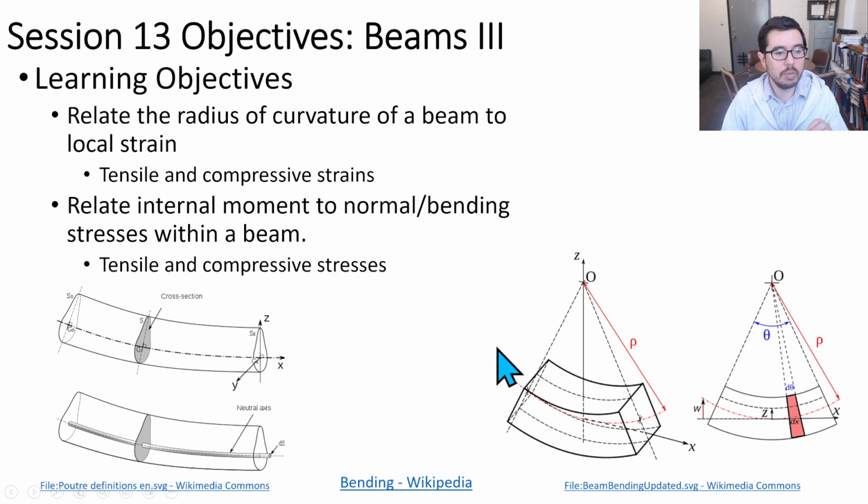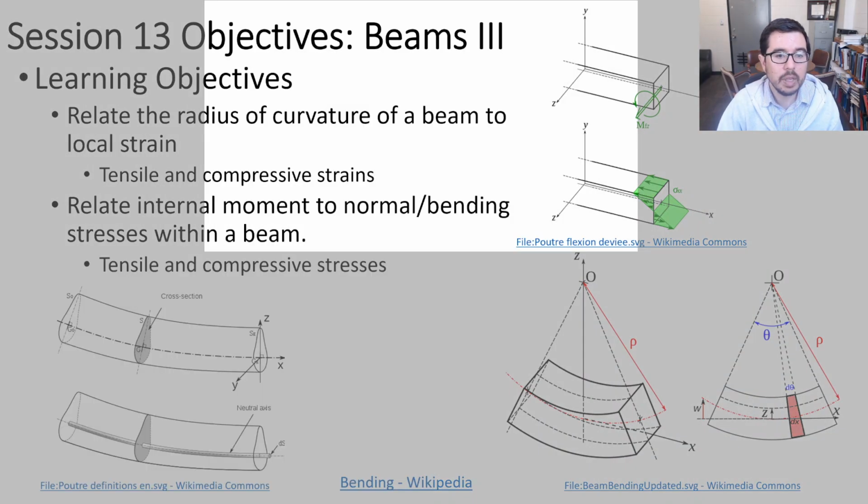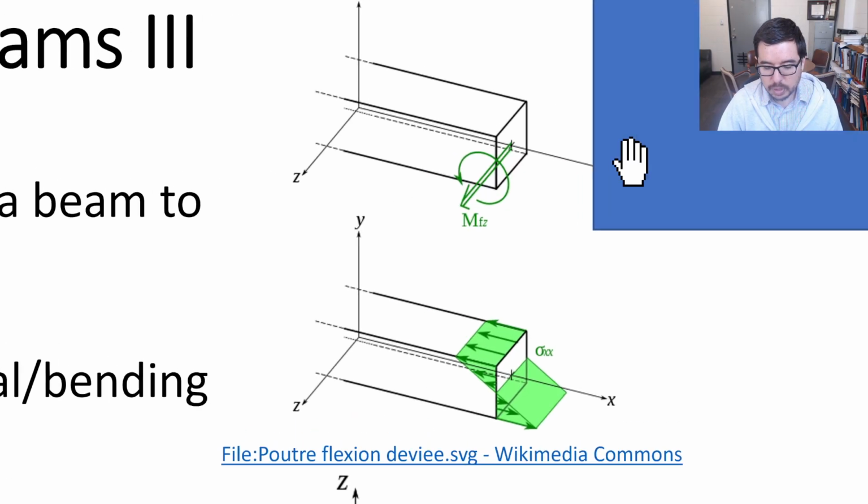And when we look a little bit more carefully here, now this diagram probably makes a little more sense. You see there is a bending moment applied, or this is an internal bending moment, which causes a compressive stress above the neutral axis and a tensile stress below the neutral axis.